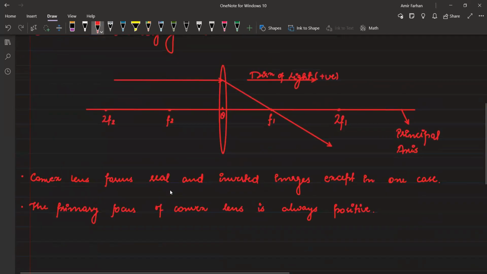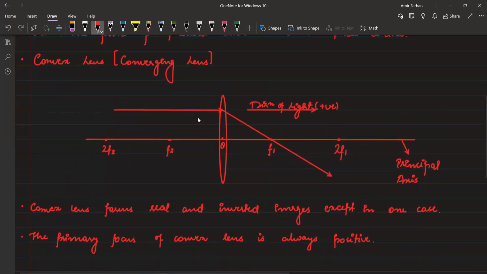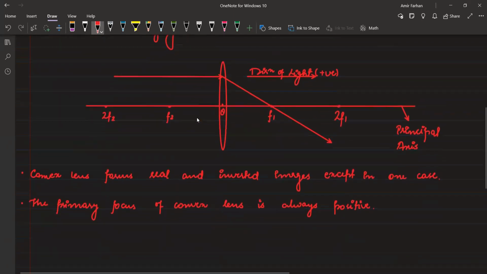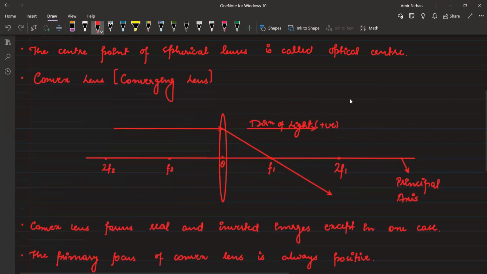So this is all about the converging lens, the convex lens. Always remember that whenever you hear the word convex, the focal length will be positive, irrespective of lens or mirror. A convex mirror has positive focal length, and a convex lens also has positive focal length.